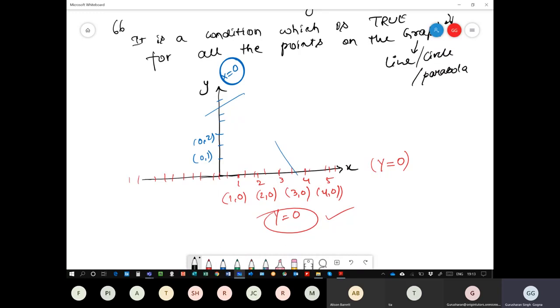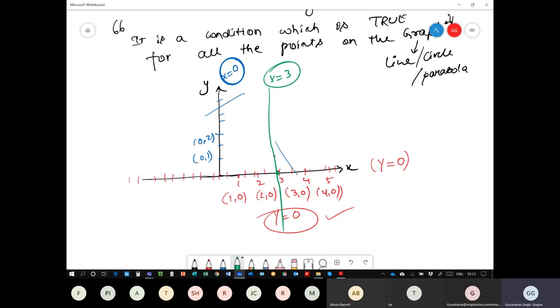Now, if I draw a line, for example, parallel to the y-axis, but let's say it's passing through point 3. If it is parallel to the y-axis, then the equation of this line would be x equal to 3. And the reason is the same.